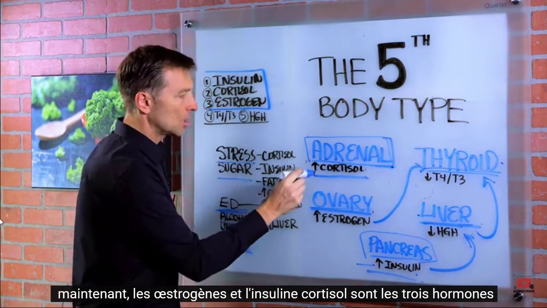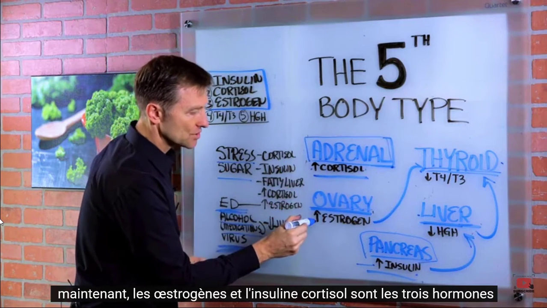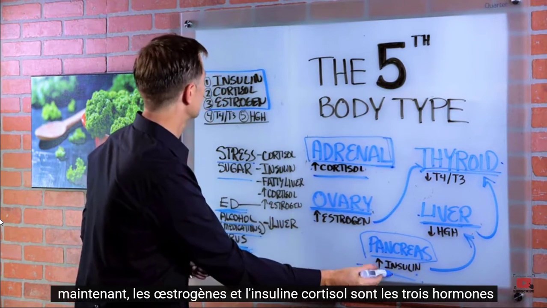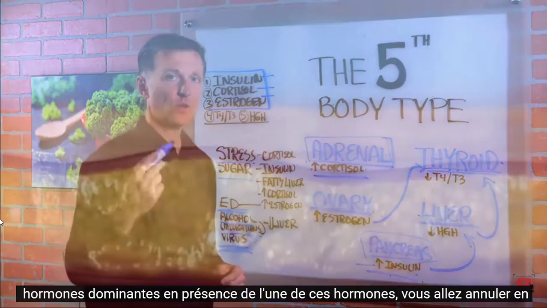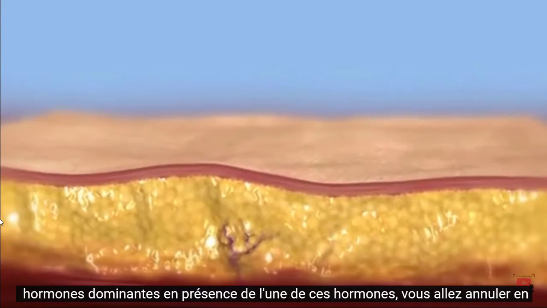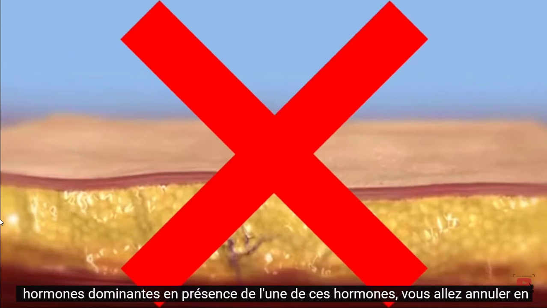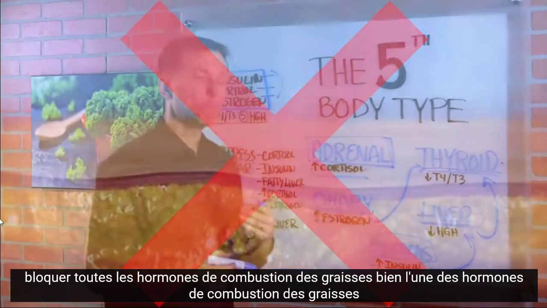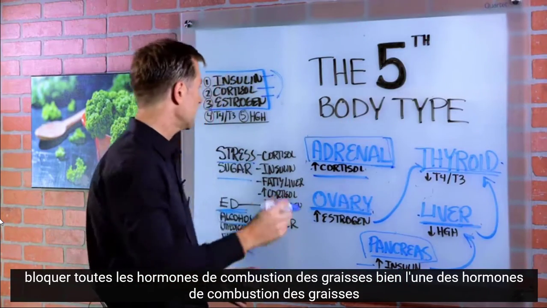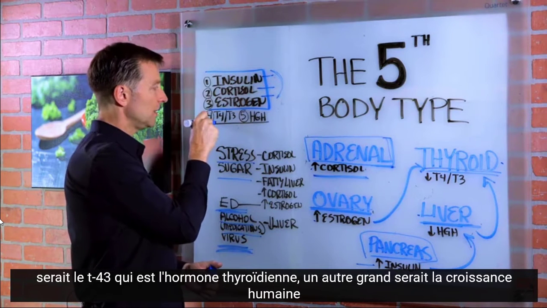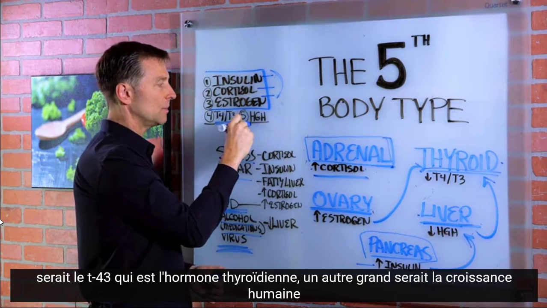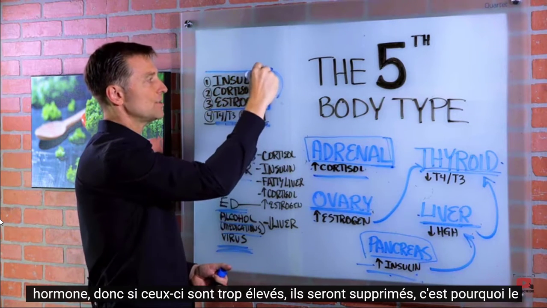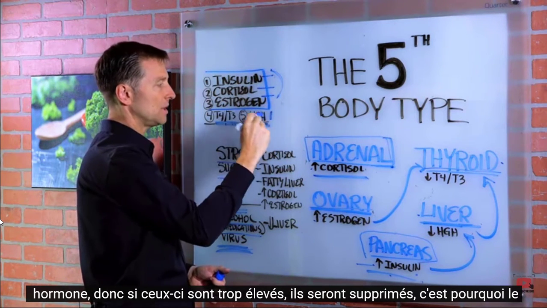Now, cortisol, estrogen, and insulin are the three fat-making hormones. They're dominating hormones. In the presence of any one of these, you're going to nullify and block all the fat-burning hormones. Okay? One of the fat-burning hormones would be T4 or T3. That's the thyroid hormone. Another big one would be human growth hormone. So if these are too high, these will be suppressed.